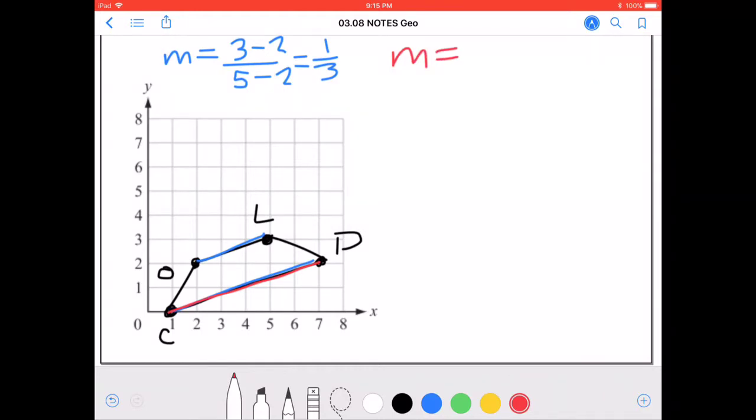So the slope of CD, we can do in the same way.